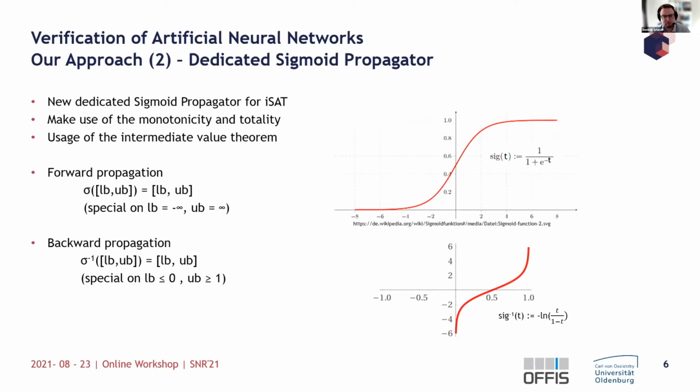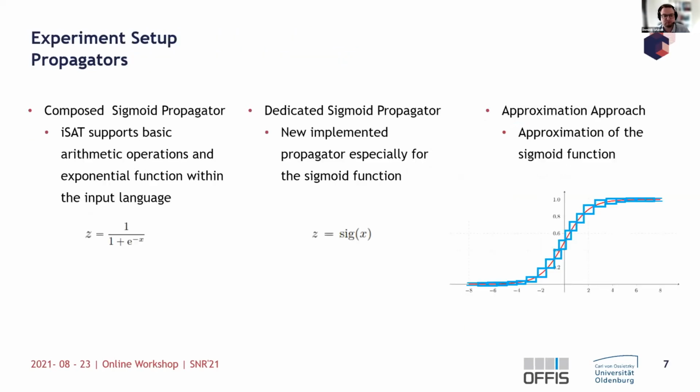And with this new propagator for the sigmoid function, we thought it's time to compare this first with our own propagators. Yeah, we see a first composed sigmoid propagator, which means iSAT was able before also to calculate the sigmoid function, but with the definition itself.